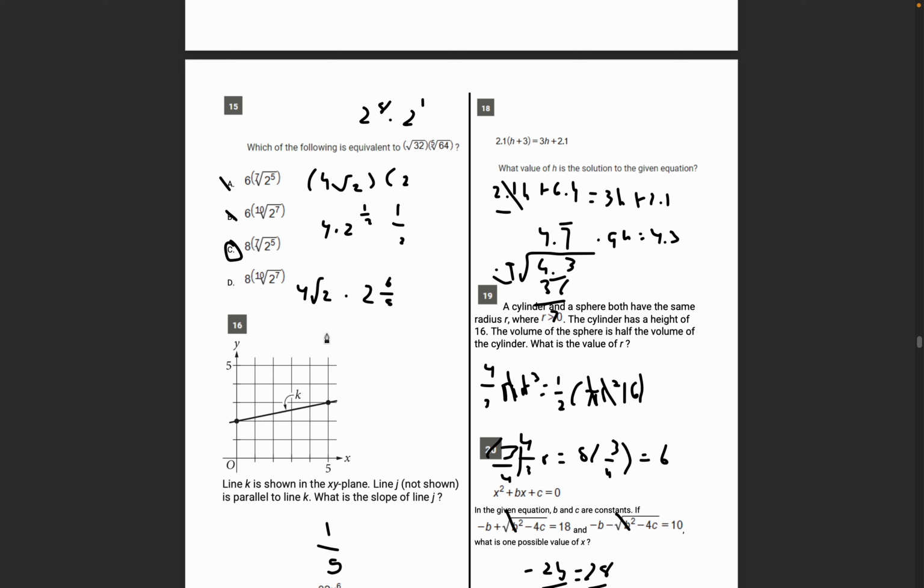Okay, we can take out a 2, right? So we could do 4 square root 2 times 2 to the 5th root of 2. That's what I was trying to do. Right? And then 4 times 2 here, we get 8. And then we have the 2's here, 2 to the 1/2 times 2 to the 1 over 5.